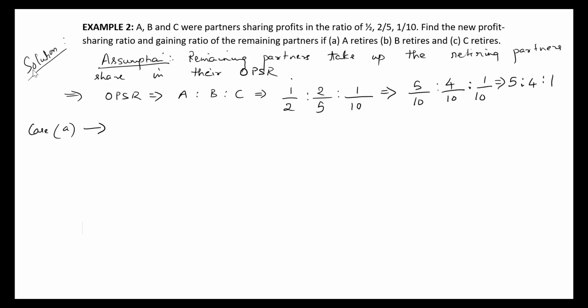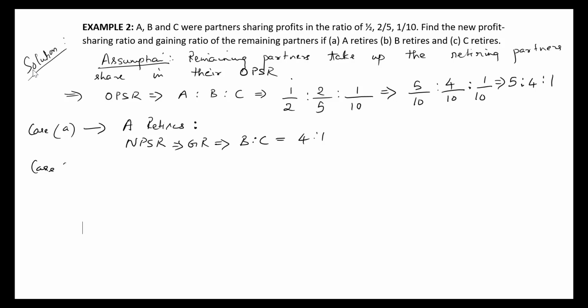Case A, when A retires, the NPSR as well as the gaining ratio between B and C will be equal to 4 is to 1.